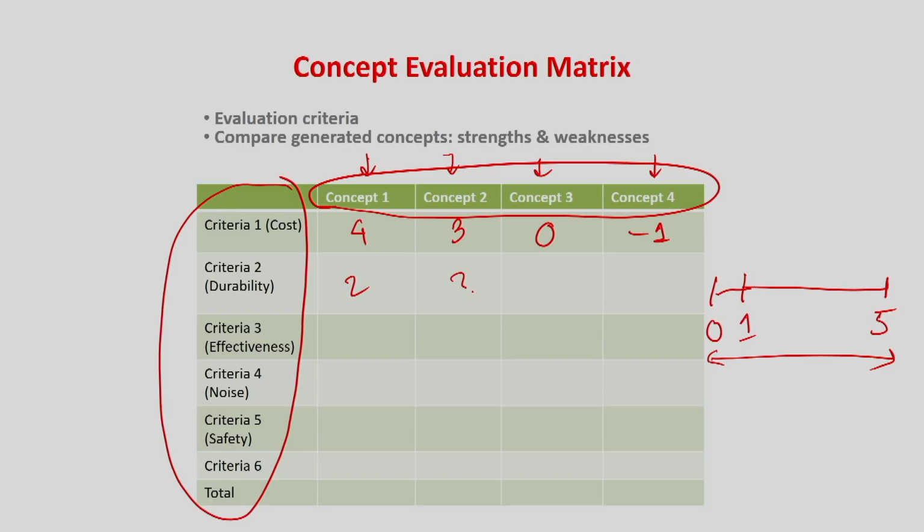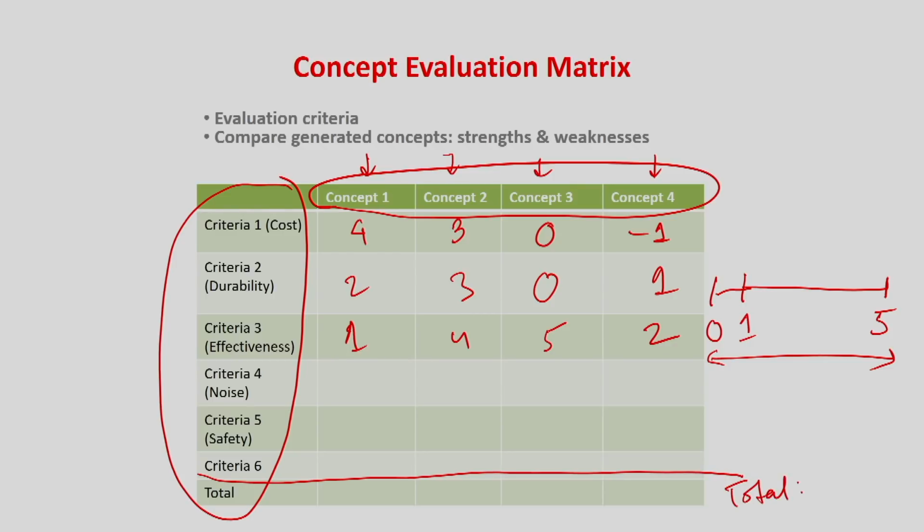So, say 2, 3, 0, 1, 5, 4, 1, 2. Like this, once you put these marks, calculate the total marks. For example, if there are only 3 criteria and we have 4 concepts here, if you sum all these values up, the total is 7 here, here it is 10, here it is 5, here it is 2.